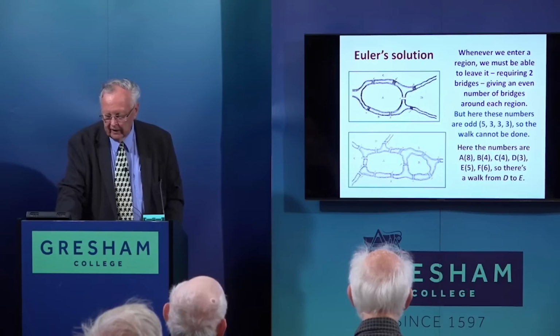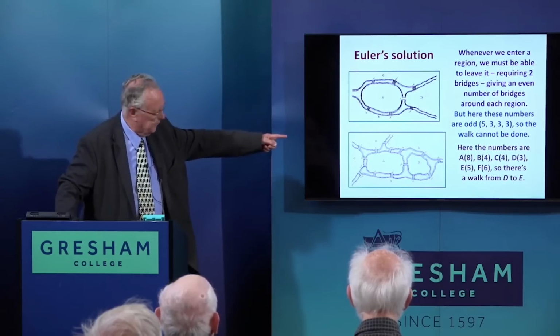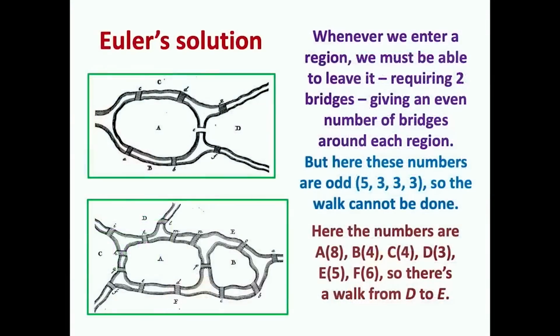For B and C, you've got 4. 3 for D, 5 for E, and 6 for F. And so you can complete a walk as long as you start and end in the odd regions, D and E. So if you want to go over each of the bridges, you start here, and then you can cross all of them and end up there, or the other way around.